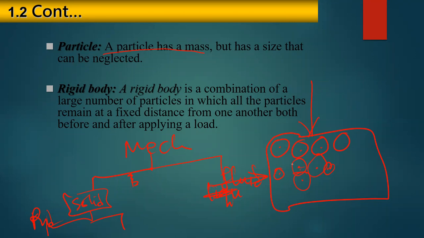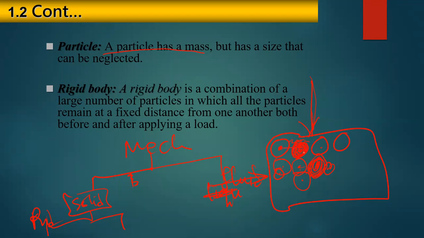Okay, let me not say the position, let me say the distance from each other, it does not change. But in deformable objects, if you have this particle here, and then you add a force from this side, if this object is a deformable object, it will move maybe to somewhere at this point, meaning the distance will change. It will increase, because from here to here, let's say this is 2 centimeters.